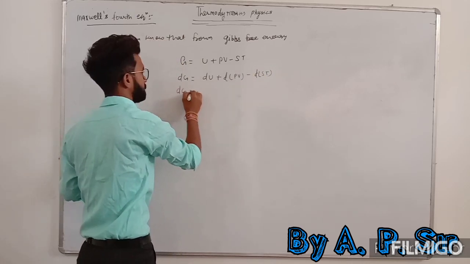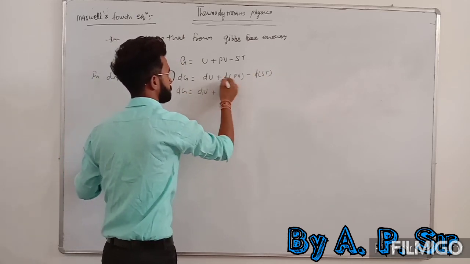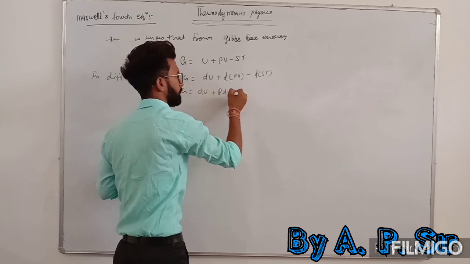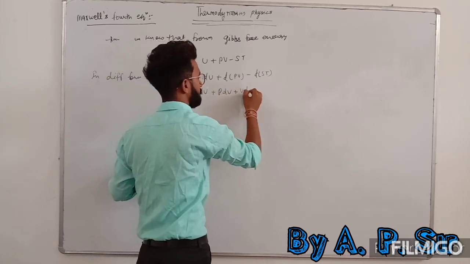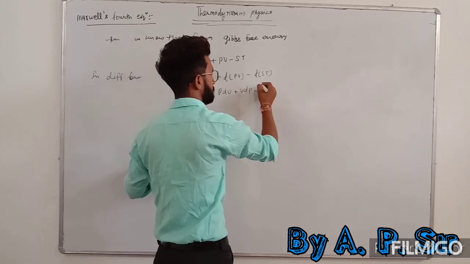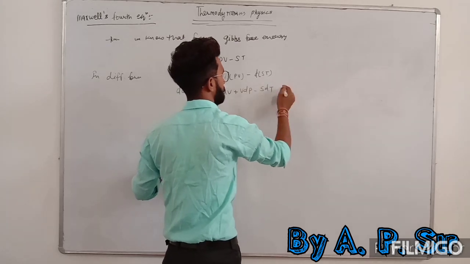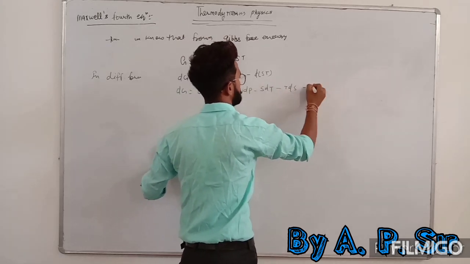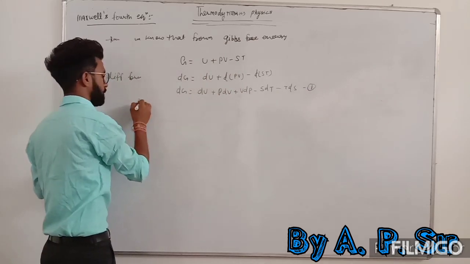After differentiation, PdV plus VdP minus SdT minus TdS, as equation number first.